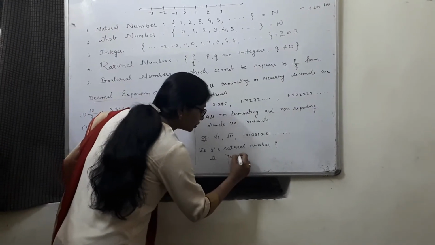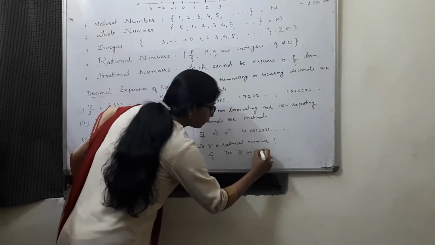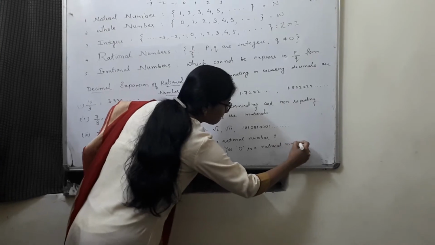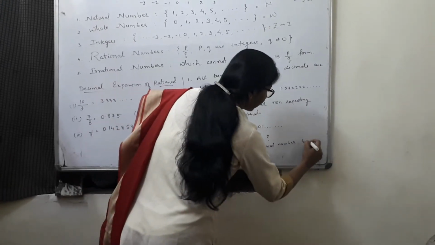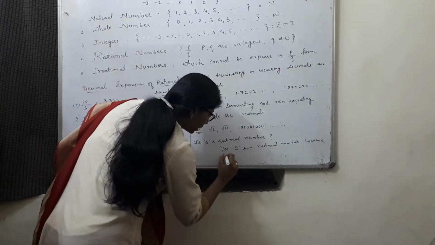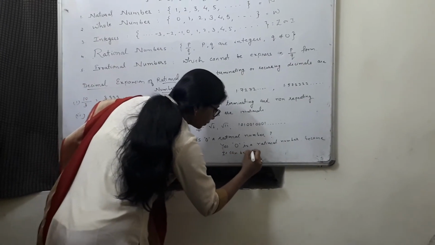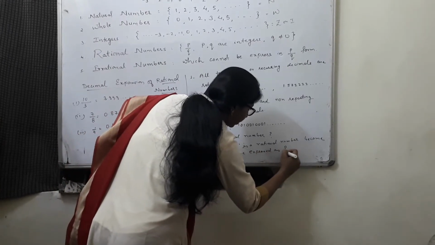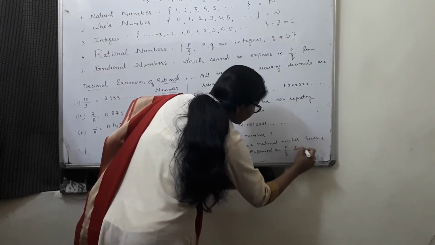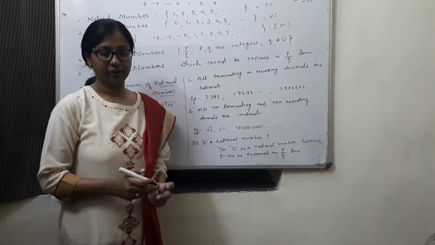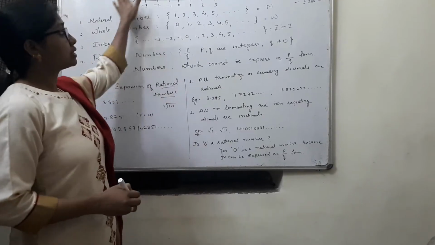Yes, 0 is a rational number because it can be expressed in p by q form. Please take a note of this.